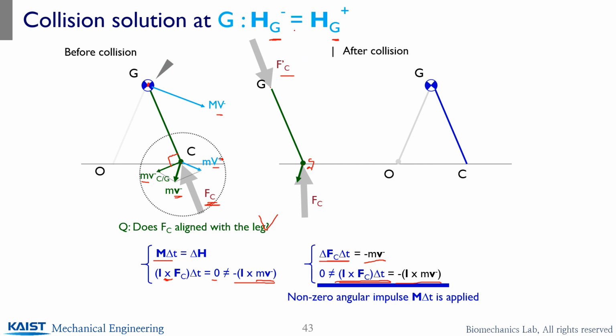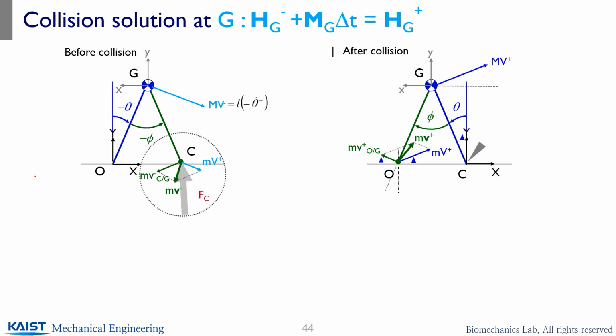Instead of being equal, you will have the before-collision angular momentum with respect to G, added to the angular impulse applied, equal to the angular momentum after collision. Okay, so let's formulate them.